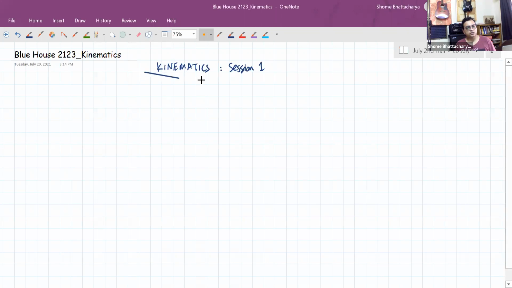Okay, so as I've already told you in that board lecture, the meaning of the term kinematics is that it's a study of the physics of motion.